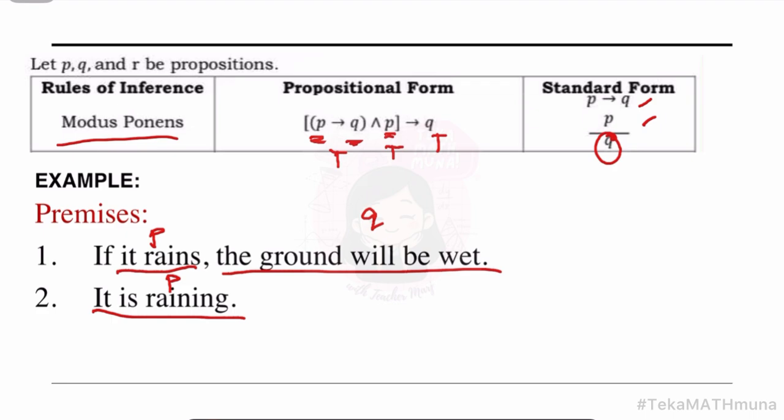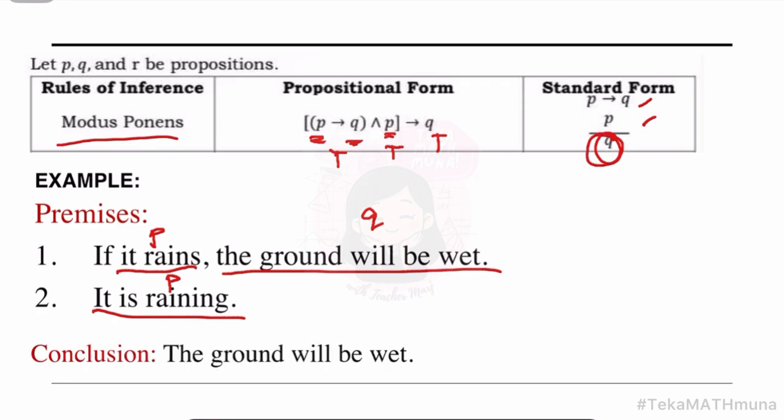That is proposition Q. Therefore, the ground will be wet. So, you detach Q from the conditional once P was confirmed true. That is modus ponens, or the rule of detachment.